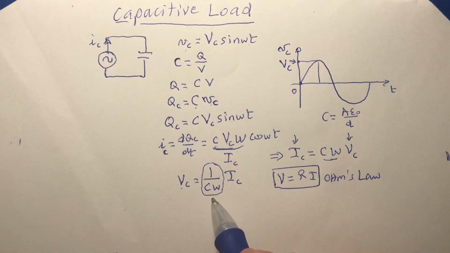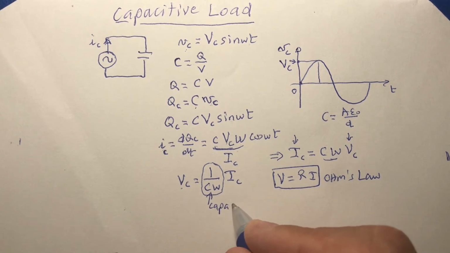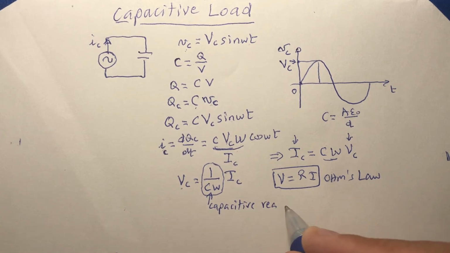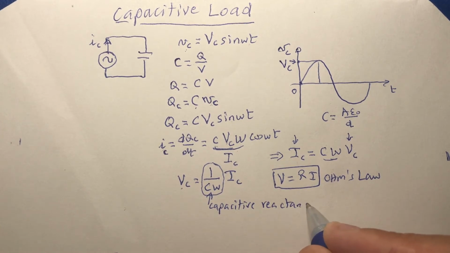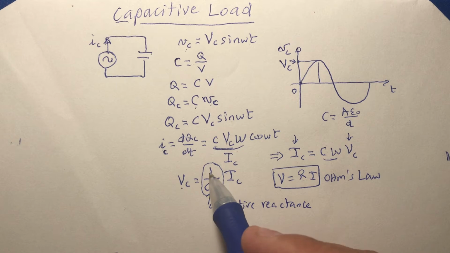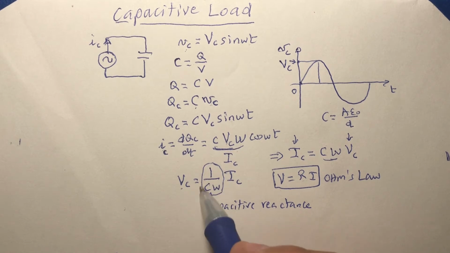So this is called the capacitive reactance. They don't call it resistance because they don't want to mix it with this R, so they call it reactance. So this plays a role of some resistance, but this resistance depends on omega, on the frequency.